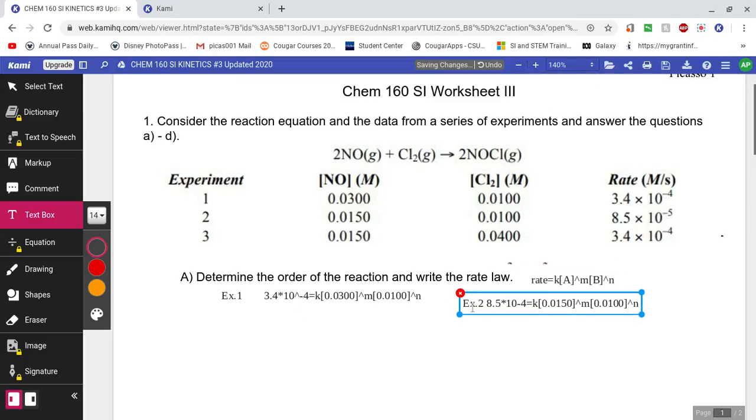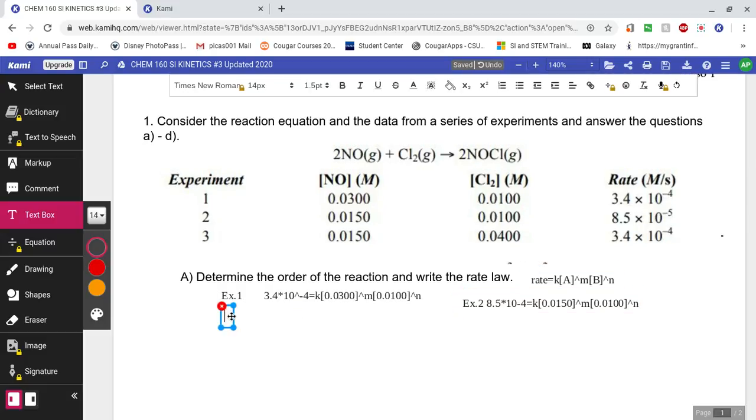And then finally, of course, we'll do experiment 3. I'll throw it down here under experiment 1. Actually, let me space this out real quick so we can differentiate it a little bit. So we have, again, 3.4 times 10 to the power of negative 4 is equal to k times the concentration of NO in experiment 3, 0.0150, to the power of m.